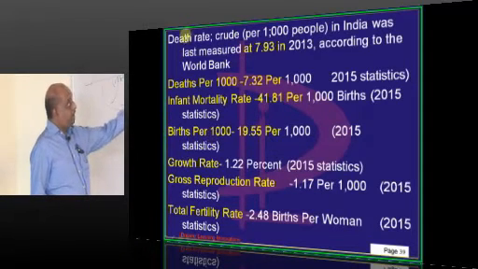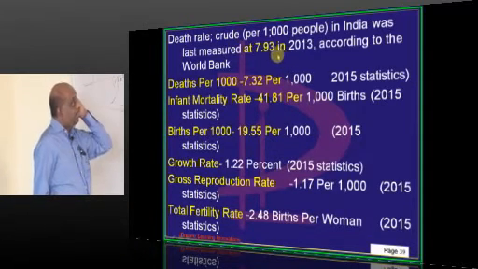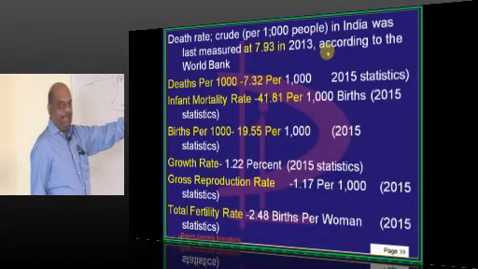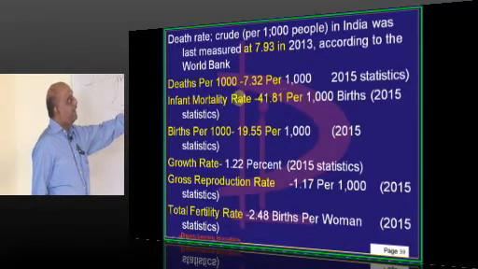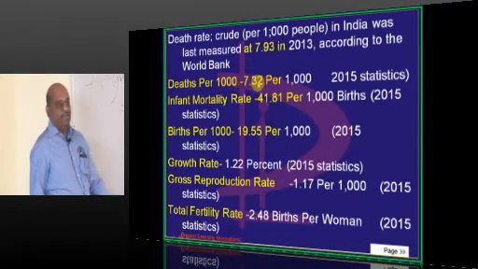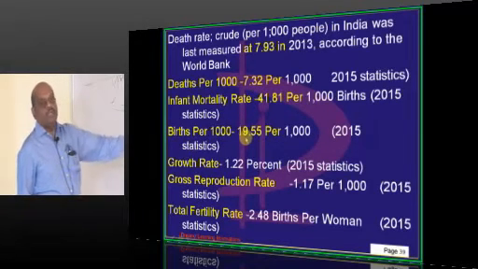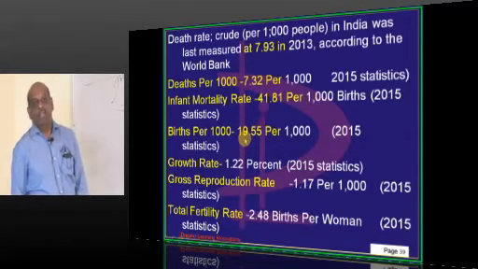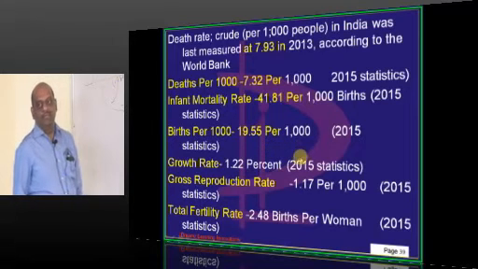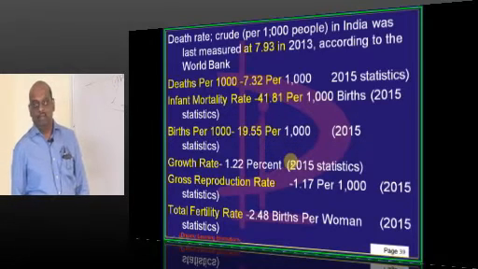The crude death rate is 7.93 in 2013, but 2015 how much it has become? 7.32. Then births per 1,000 is 19.55 per 1,000, right?